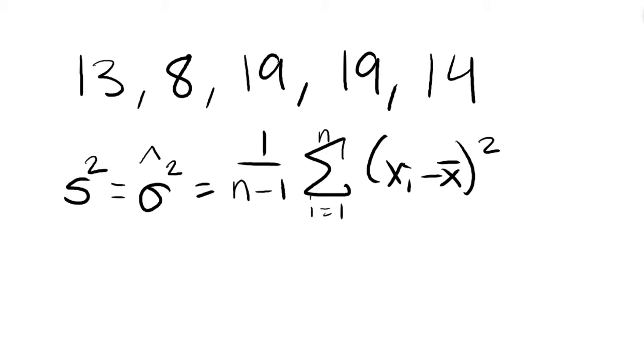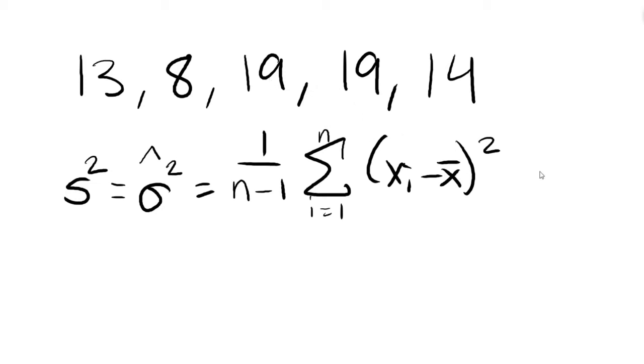So we can use this formula straight up: we calculate the mean, and then for each single one we have 13 minus the mean squared plus 8 minus the mean squared plus 19 minus the mean squared and so on.